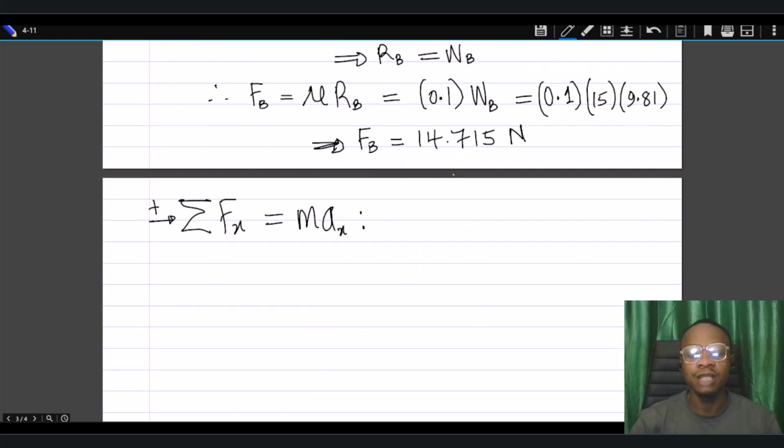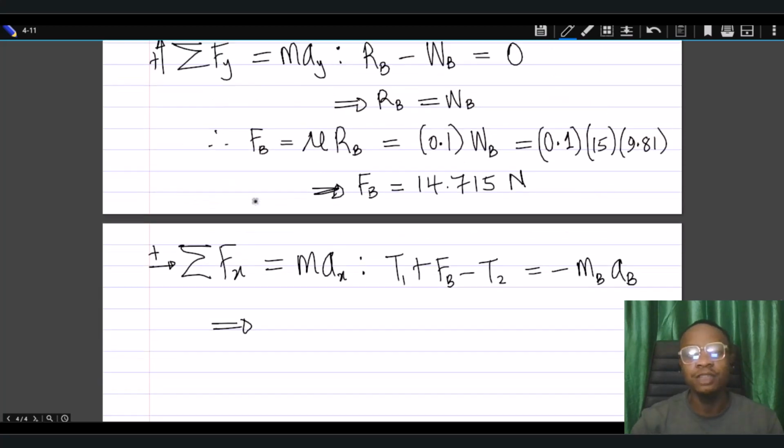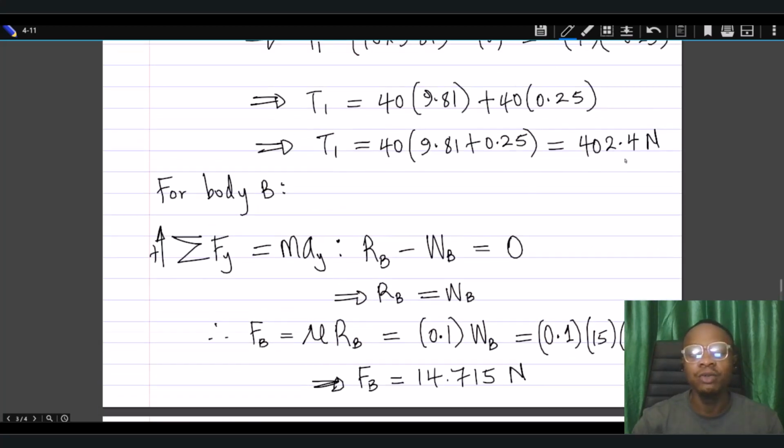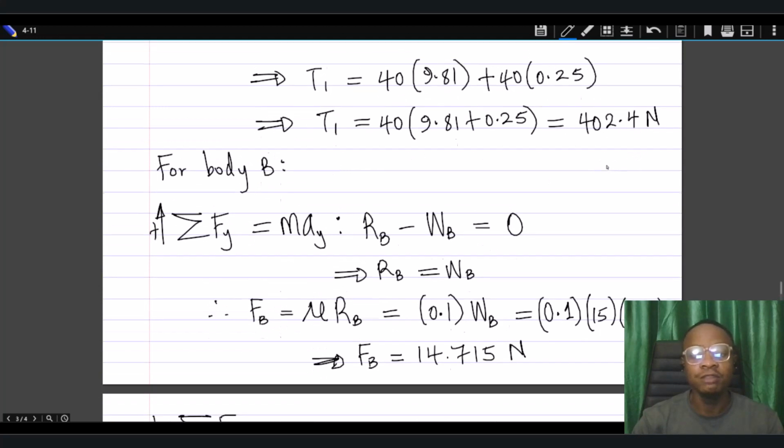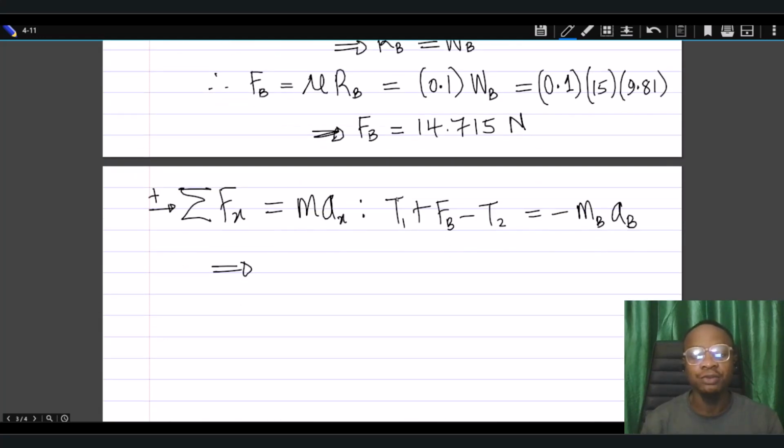So for that, we have plus T1 plus FB, then minus T2 equals minus the mass of body B multiplying the acceleration of body B. Into this, we can insert all of those forces that we already know. From here we know T1 is 402.4. We know FB is 14.715, so we can insert that here.